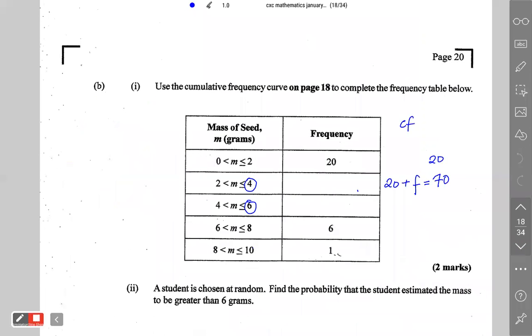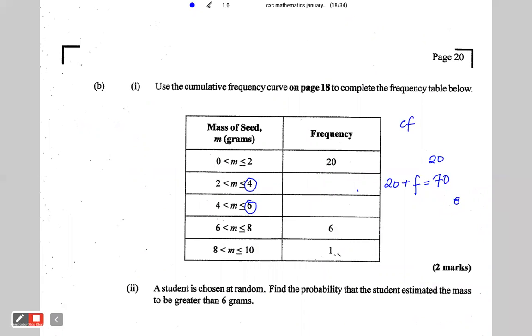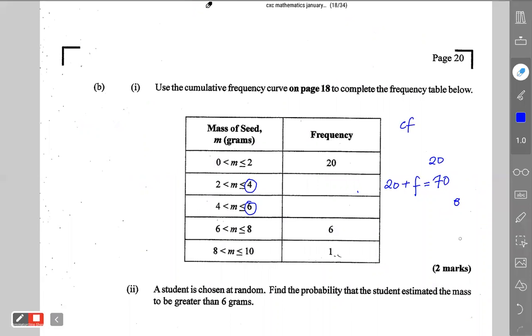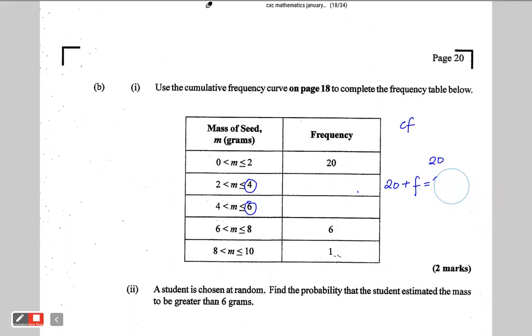All right, so one more time. The way a cumulative frequency curve works is that you add the frequency as you go down. The first frequency is 20. Then at this level, you add to 20 the frequency for the level at 4, and you will get 68. So it's a good thing we double checked, because we would have made an error. Now, what do we add to 20 to give you 68?